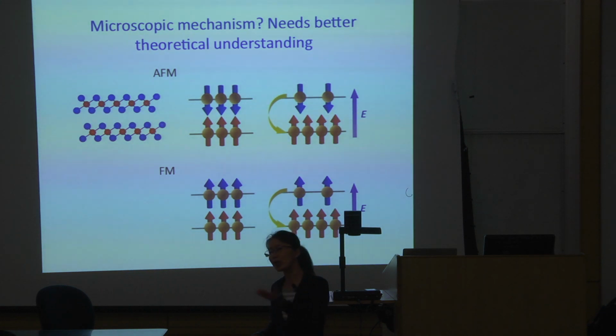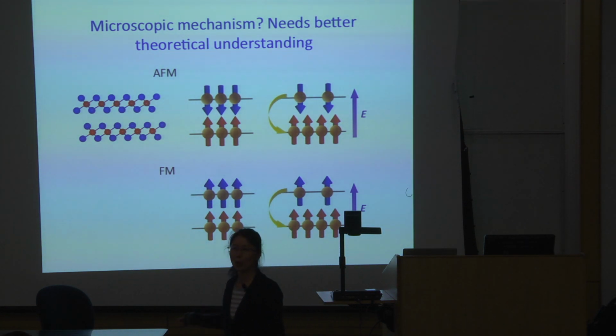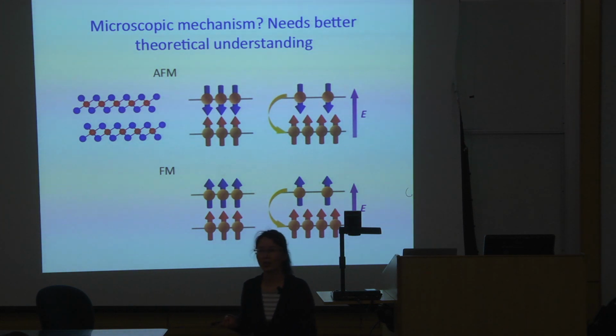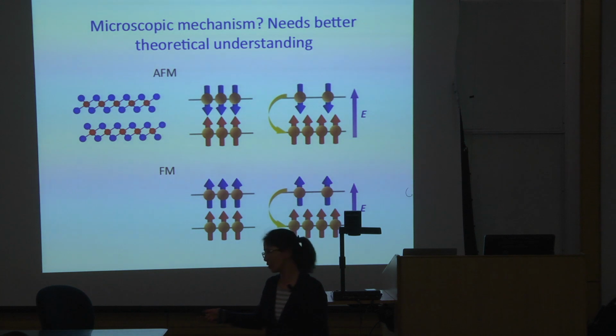And when you put in doping, why does the magnetic order change, and how does another layer of a semiconductor talk to that layer of a magnetic insulator? Those are open questions, and we've just scratched the surface of this class of material.